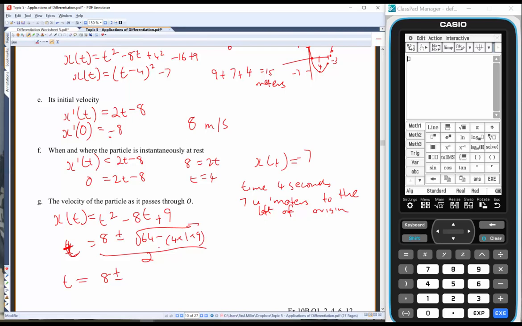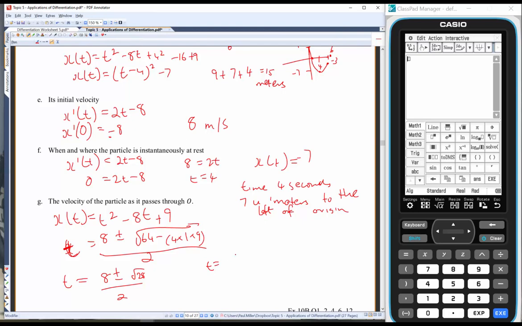What's that? 9 fours are 36. 64 take 36. 64 take 30 is 34. Take another 6 is 28. Root 28 over 2. Now we can do a pretty big simplify on that. That's root 4 times root 7.